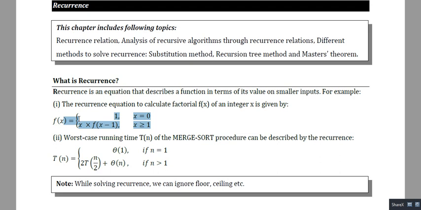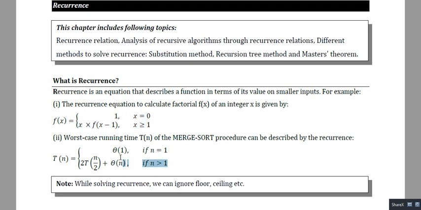Similarly, to obtain the power x to the y, we can write the recurrence like this. Let's say p(x, y) represents x power y. So we can write p(x, y) is equal to x into p(x, y minus 1), because x power y can be represented as x power 1 into x power y minus 1, which is equivalent to x power y.